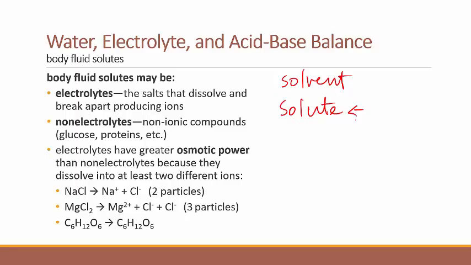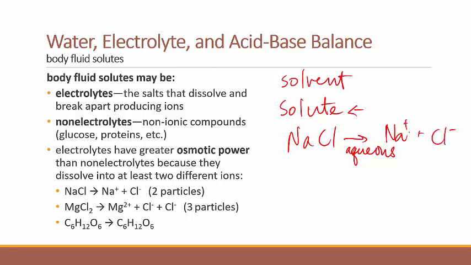These are the products of acid-base reactions, and when you dissolve electrolytes, they break apart, producing ions. So, for instance, sodium chloride, you put that in water, and so you make it aqueous, and it falls apart into a sodium ion and a chloride ion.